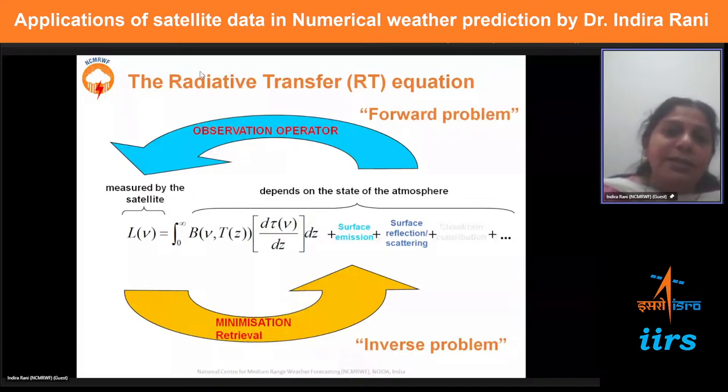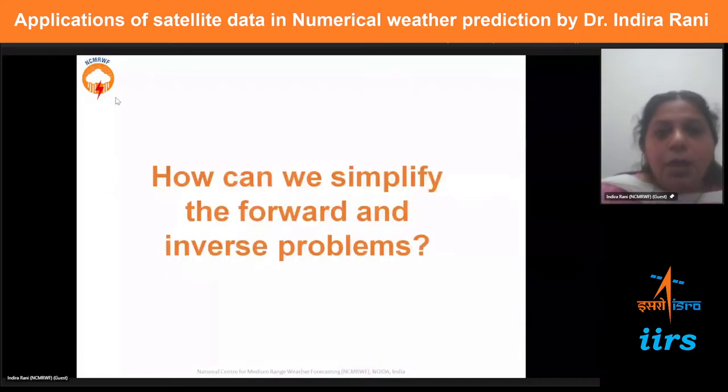The observation operator is the forward problem, and the data assimilation, minimization or retrieval algorithms are the inverse problems. These are the two main applications of the radiative transfer equation in NWP assimilation: the observation operator and the minimization. So forward and inverse problems, both we use in NWP assimilation.